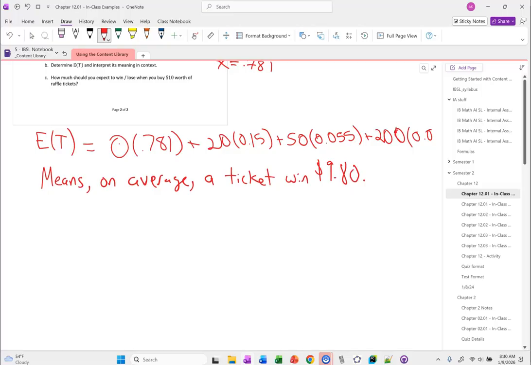Right. On average, one ticket should win you $9.80. How much should you expect to win or lose when you buy that $10 ticket?